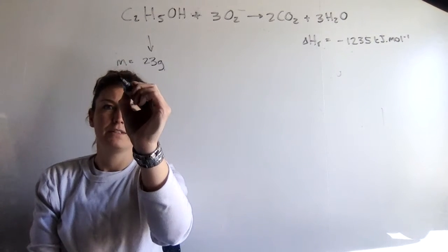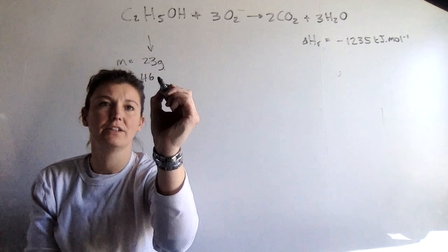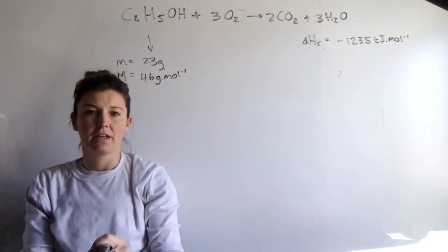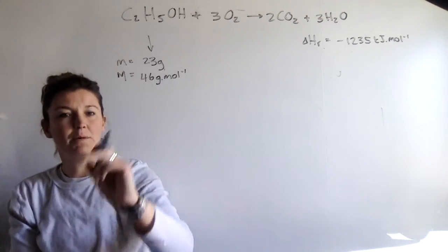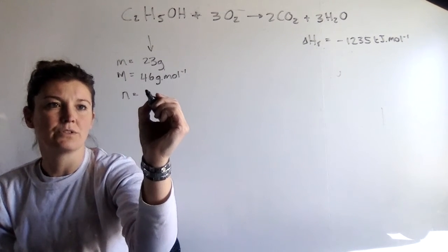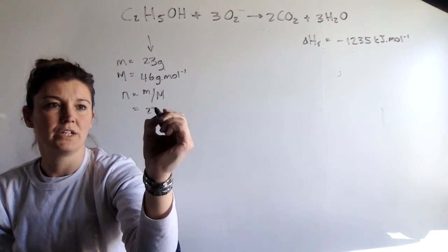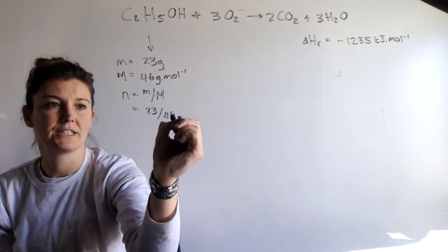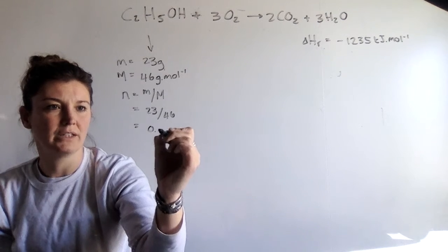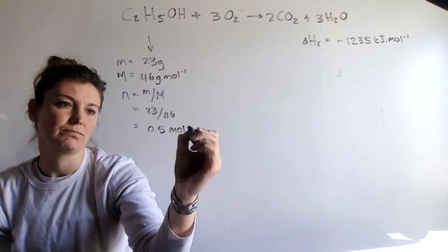The molar mass of that one is going to be 46, and they'll give you this. So we've got our mass and our molar mass. The next step is to find out moles. So n equals m over M: 23 divided by 46, and that is going to be 0.5, so half a mole.